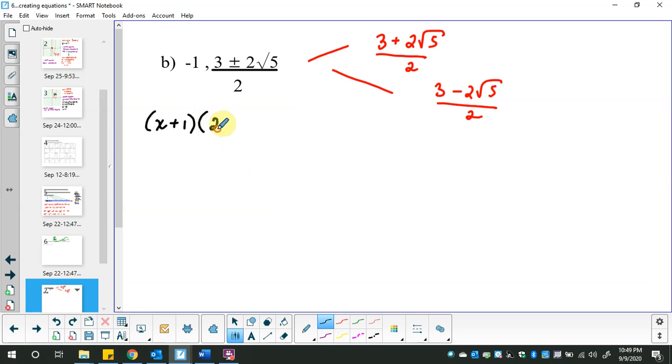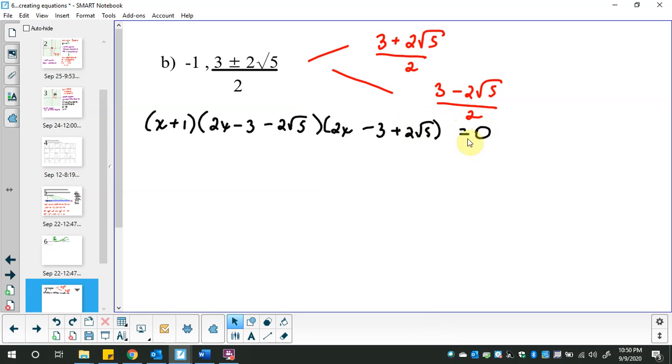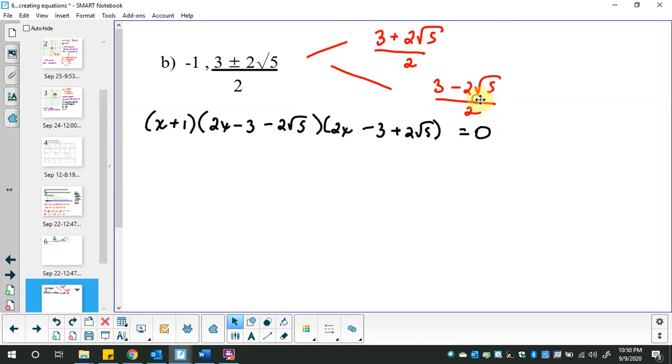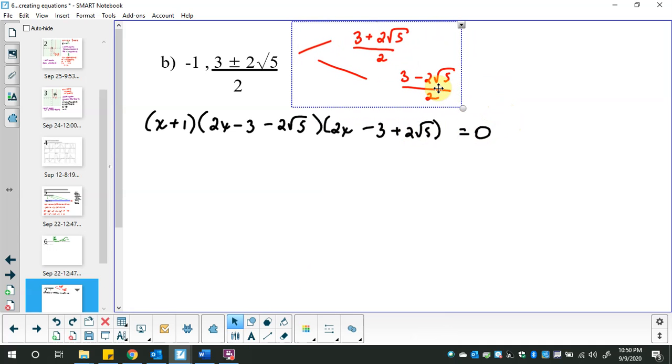So I'm going to put 2x, and then I'm going to deal with this one. So it's going to be negative 3, because the sign switches, and also negative 2 root 5. Then the next one, the 2 is going to pop up, and it'll be negative 3 plus 2 root 5 equals 0. Now, you cannot leave it like this, so I'm going to FOIL.